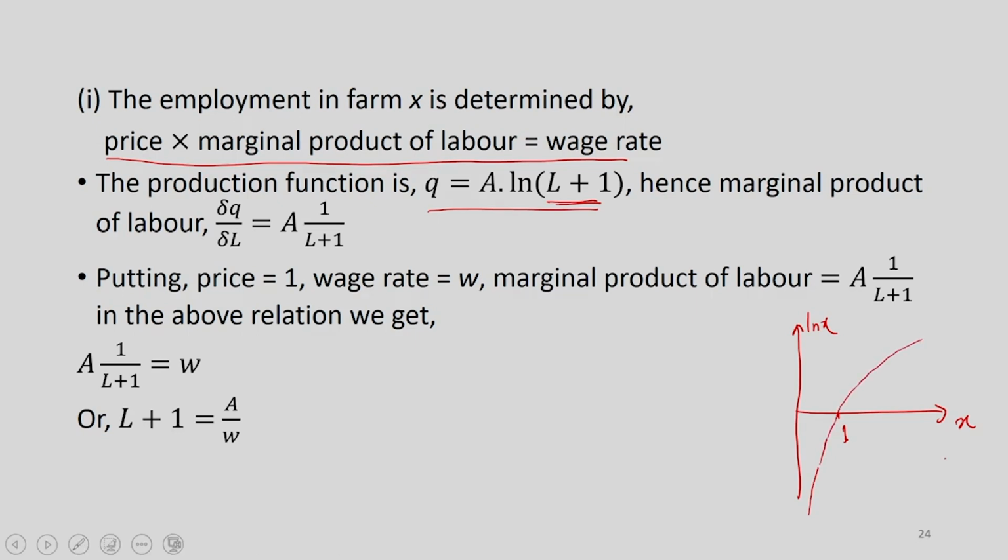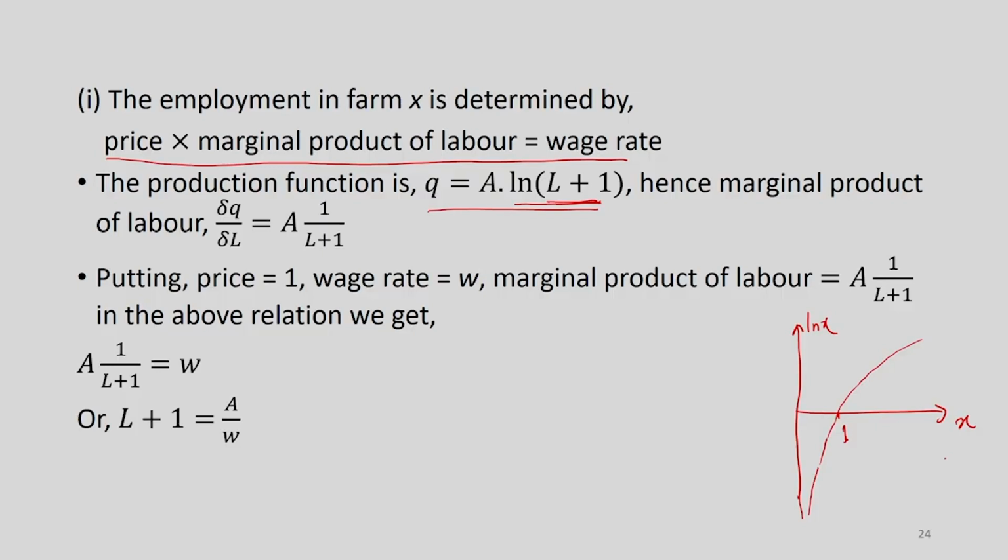Now, if I had taken log of L, then it would have been very difficult to interpret this function, because that would have meant that if labor is less than 1 but greater than 0, then output is negative, which is difficult to justify, or it is difficult to justify why if you have labor employment 0, the output is minus infinity. Okay, so those things can be avoided if we take this form, log of L plus 1.